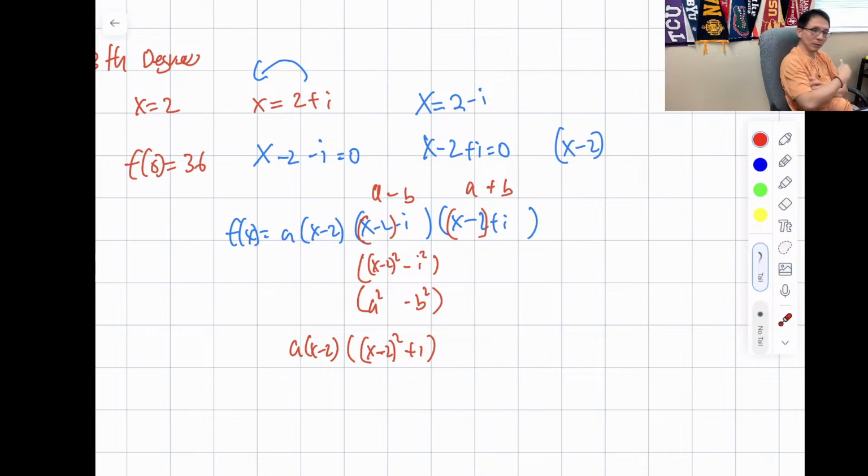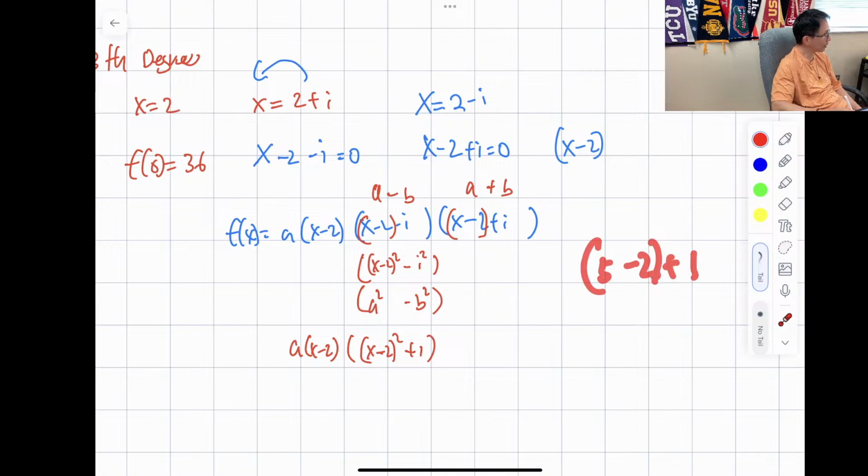Okay, so if you have 5 minus 2 plus 1, what happens first? 5 minus 2 happens first, right? So can I just rewrite it with a parenthesis? It's still going to give me the same answer, right? So I'm going to write parentheses on the first two terms here.